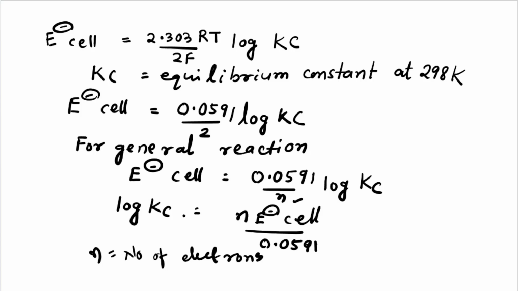Log Kc equals n E0 cell divided by 0.0591. What is n? n is the number of electrons, you should know. And what is Kc? It is the anti-log of this value. So you should calculate according to the given values, and you put the other values here.